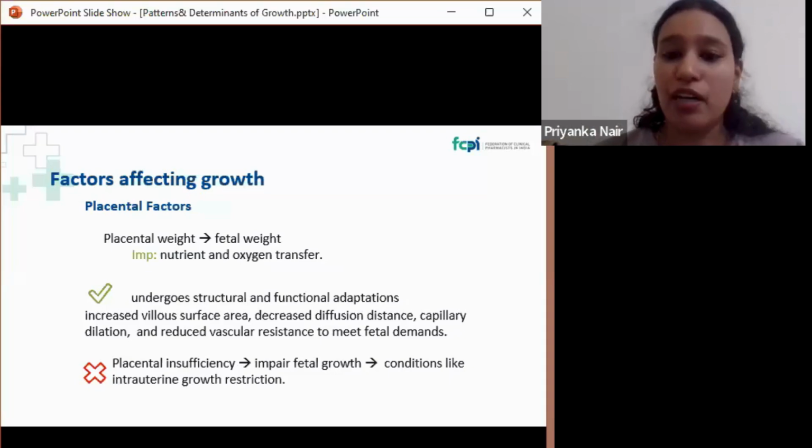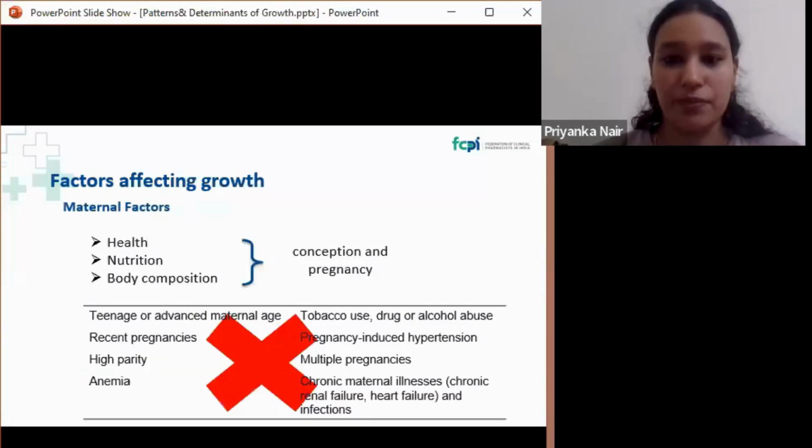And in case of placental insufficiency, that is a not properly functioning placenta, we see that it impairs fetal growth and leads to conditions like IUGR or intrauterine growth restriction.